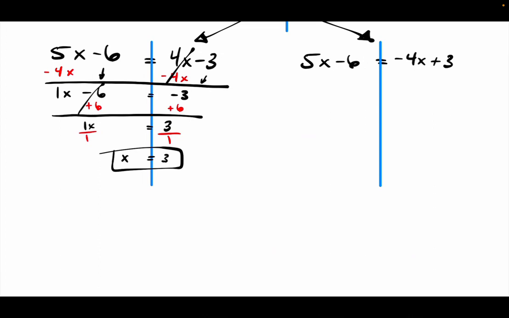Oh, wait. No, sorry, it won't. Because I got to add 4x, right? It's not positive, it was negative. So I'm going to add 4x to both sides. Said that wrong.